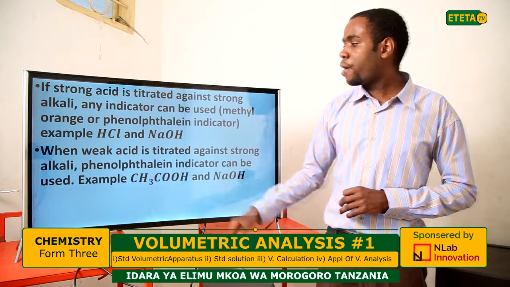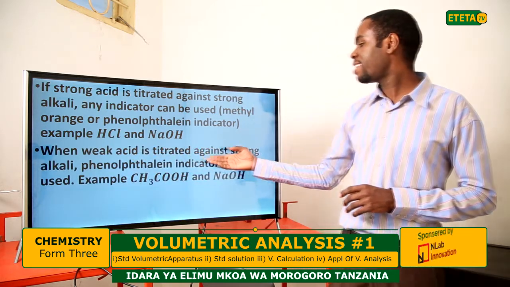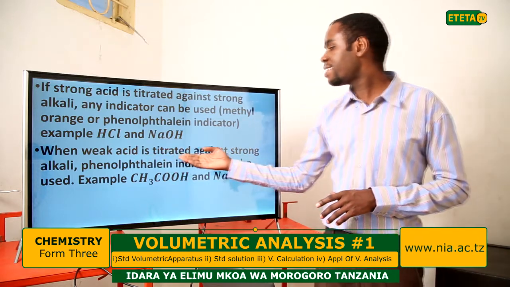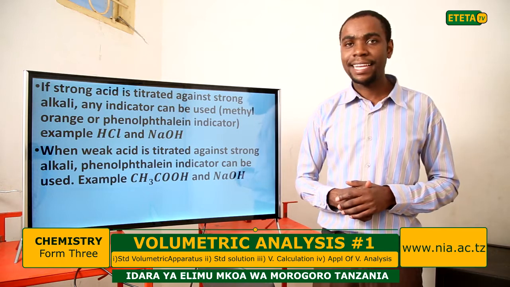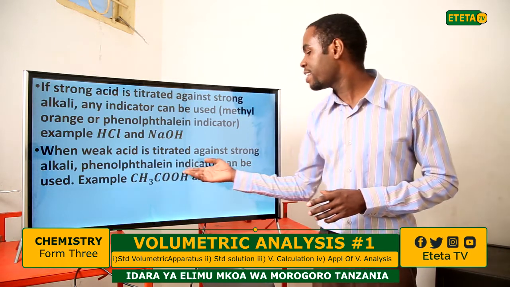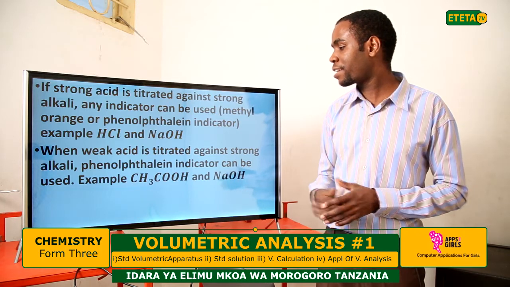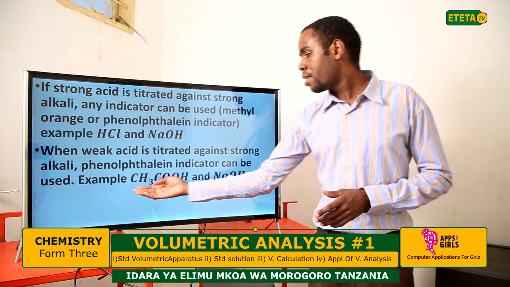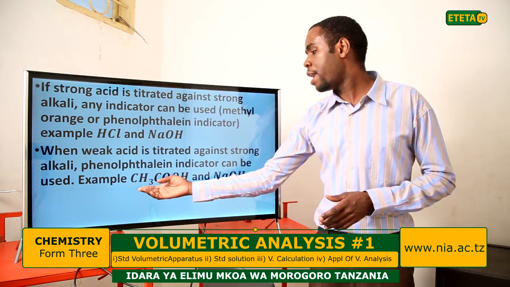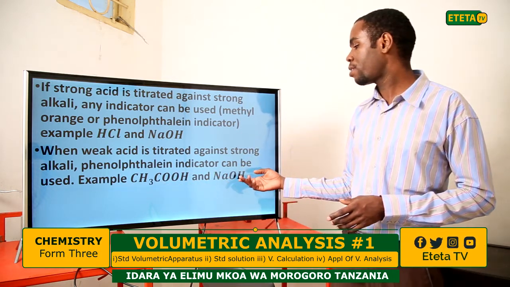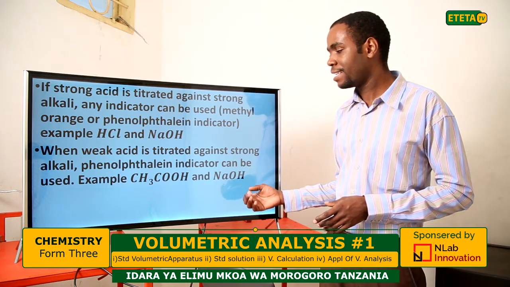Case 2: when weak acid is titrated against strong alkali, phenolphthalein indicator can be used. Why? For example, ethanoic acid is a weak acid, and sodium hydroxide is a strong alkali.